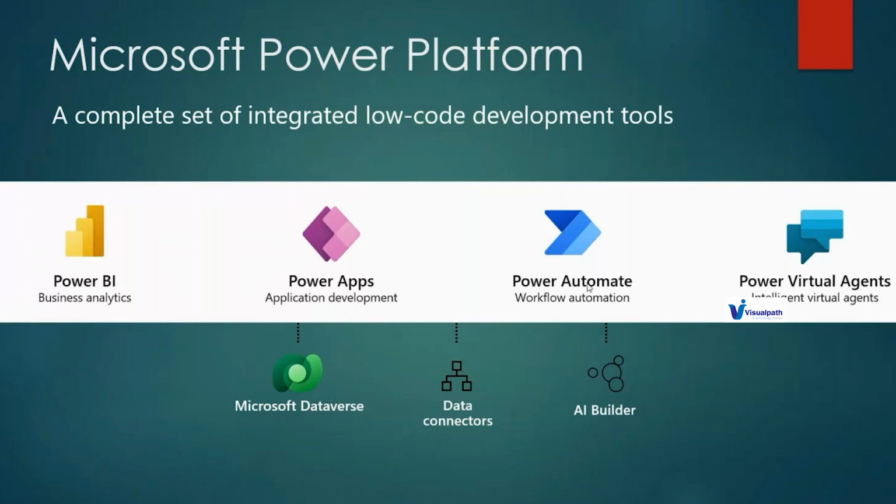So this can be scheduled or run manually. Things like copy pasting data from one file to another manually, or copying data from an Excel file and putting it into a CRM or an ERP system manually, all such things can be automated using Power Automate.